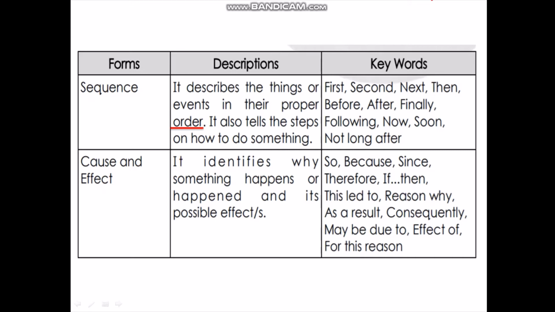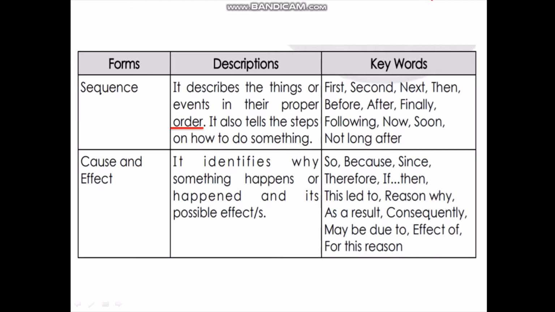And then, you need to rinse them. And finally, you can put them on the rooftop or dry them outside. So again, sequence tells order or the steps on how to do something.